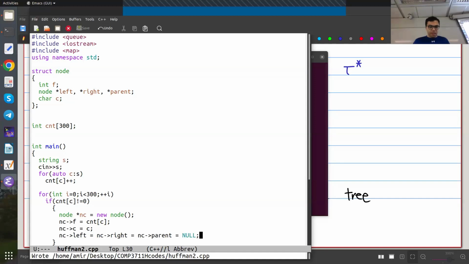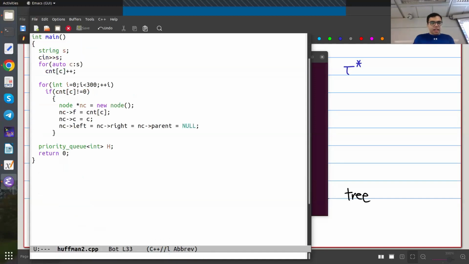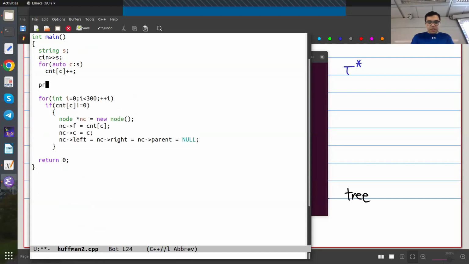Okay. So now I want to put all of these nodes in a priority queue, in the order of the frequency. But I'm lazy, so instead of creating a priority queue of nodes and then having to write a comparator for comparing different nodes, I'm just going to put pairs of integers and pointers to nodes in my priority queue H, right?